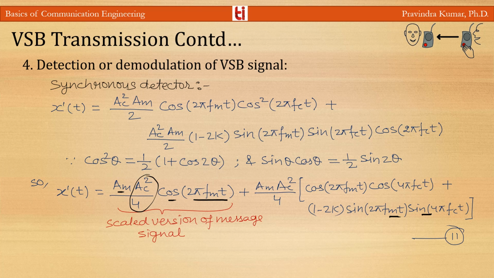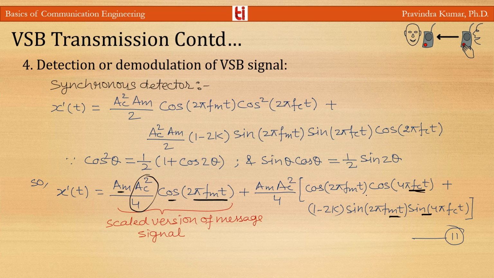The second term is the sinusoidal VSB signal modulated onto a carrier of frequency 2FC, and which represents the high frequency component in X dash T. The second term is removed by the low pass filter, because the low pass filter will remove the high frequency component 2FC in the detector that has the cutoff frequency just slightly greater than the message signal FM.